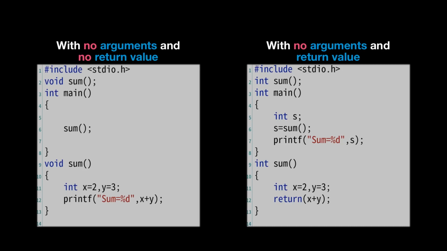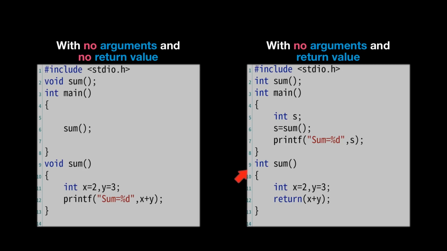Next, the function with no arguments and with return value. No arguments means no actual arguments within the brackets of the function call, and no formal arguments in the function header as well as in the function declaration. With a return value means the function has a return statement.